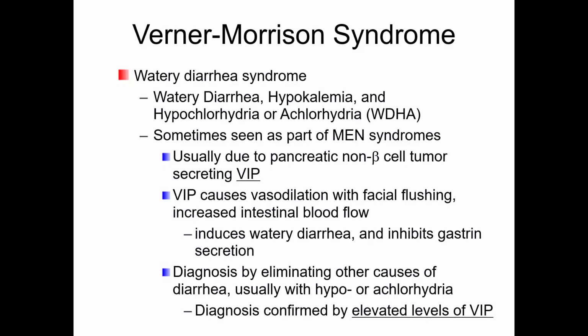VIP causes vasodilation with facial flushing, increased intestinal blood flow, induces watery diarrhea, and inhibits gastrin secretion. Diagnosis is by eliminating other causes of diarrhea, usually with hypo or achlorhydria. Diagnosis is confirmed by elevated levels of VIP.